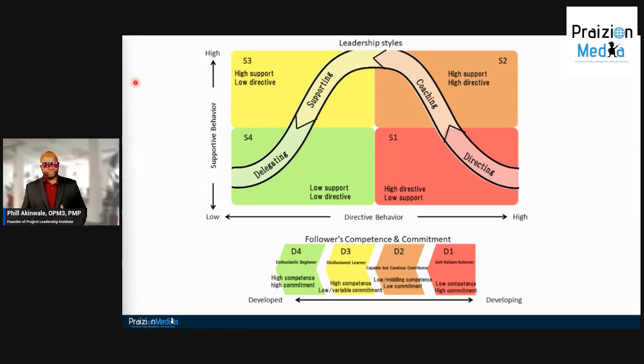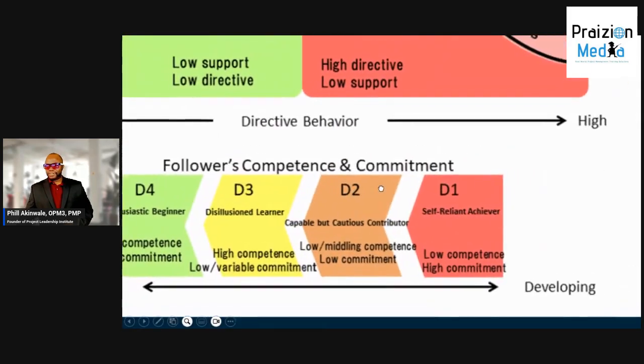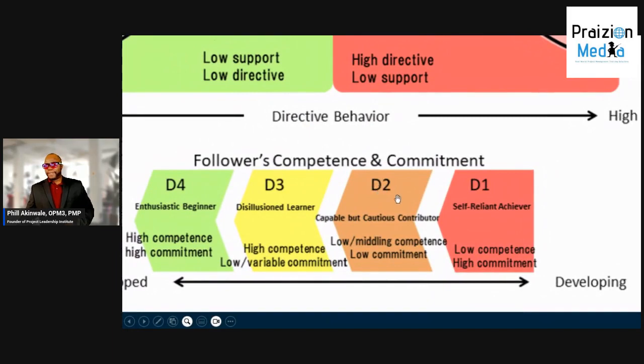But the structure is provided in combination with ample opportunity for a discussion of why the task is important and where it fits into the grand scheme of things. The leader also actively recognizes enthusiasm, interest, and commitment of the follower for learning and gaining task-related experience. If we zoom in here to this S2 quadrant descriptor, we have low middling competence, low commitment.